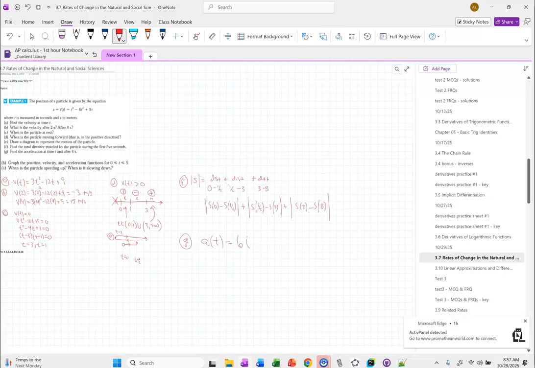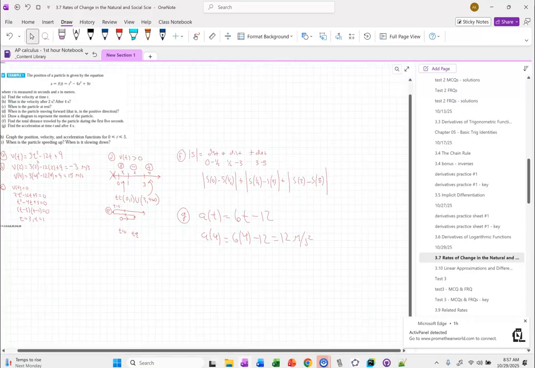Perfect. So then A of 4 is just going to be 12 meters per second squared. I don't want to graph these. We'll do that in a second because I'm just going to use the calculator to do it for us.